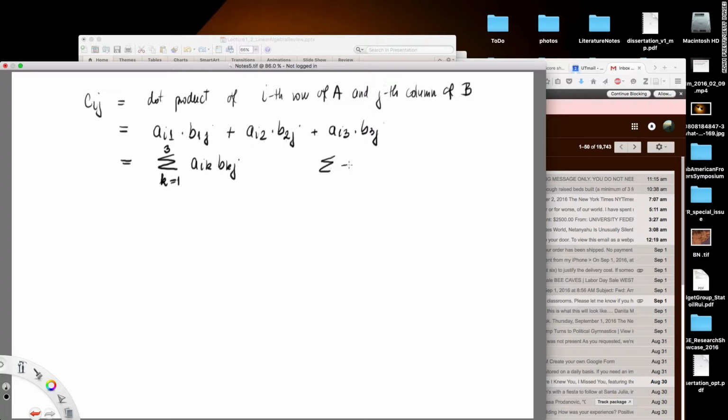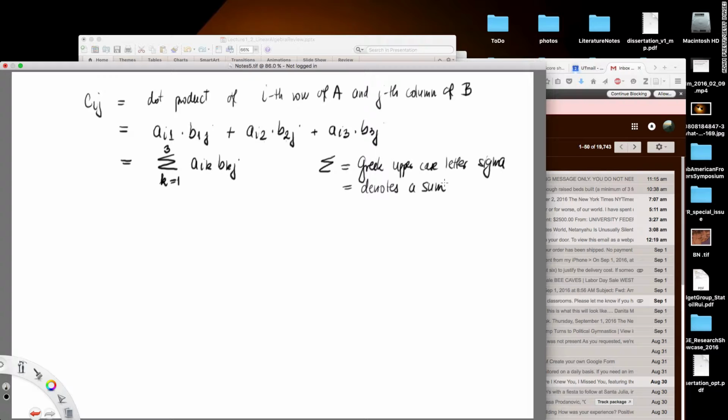This sigma is the Greek uppercase letter sigma, and it denotes a sum. A_ik, B_kj: A_i1 B_1j, A_i2 B_2j, A_i3 B_3j. A_i1, A_i2, A_i3, that's my ith row.